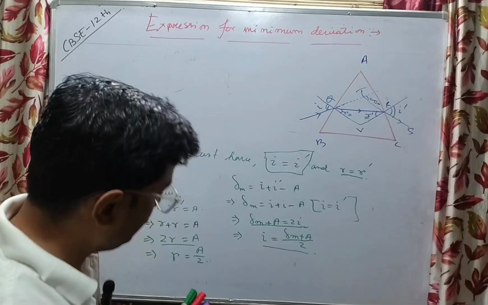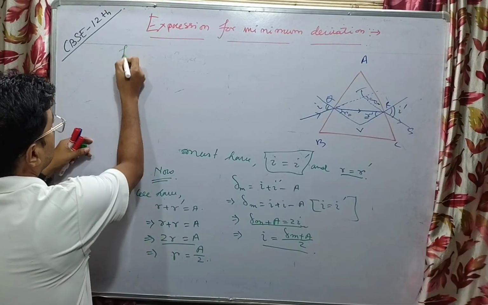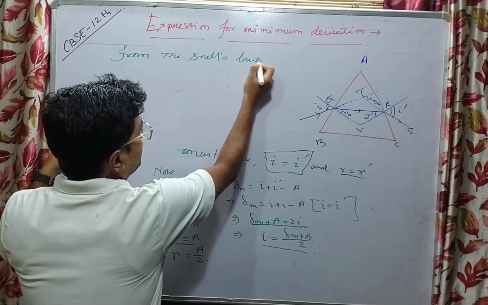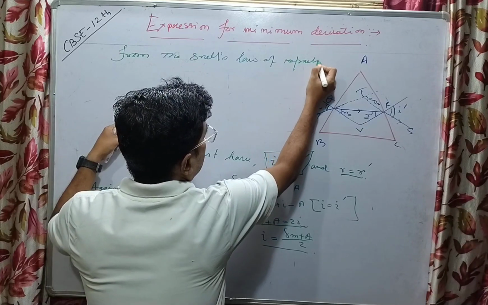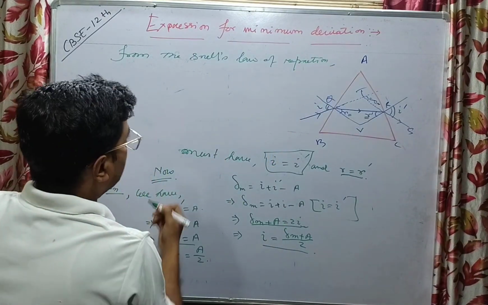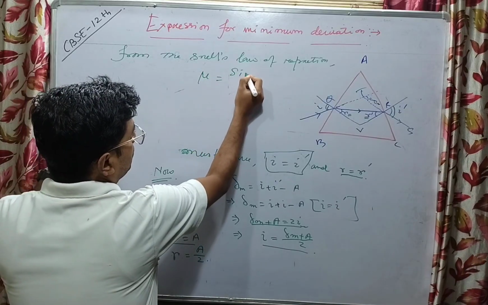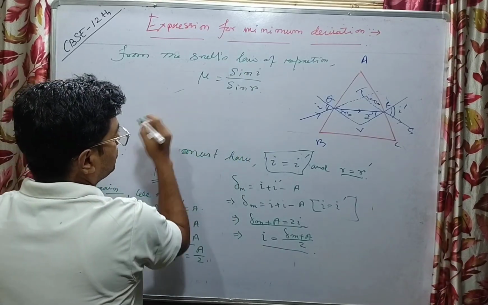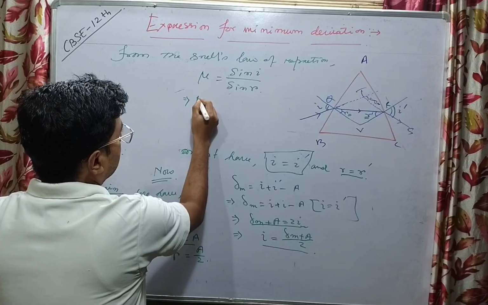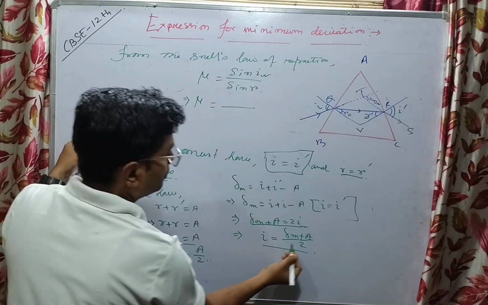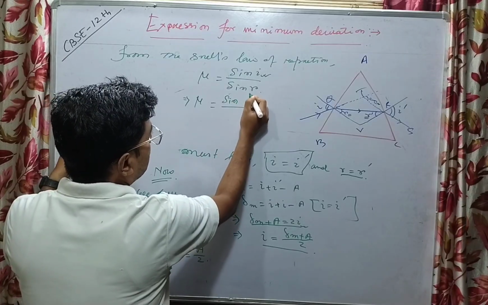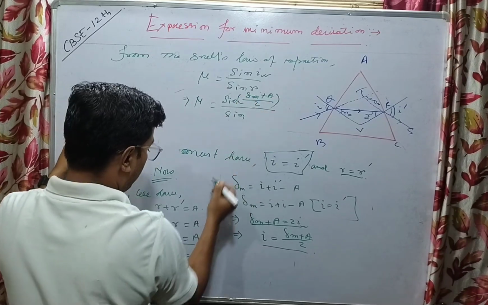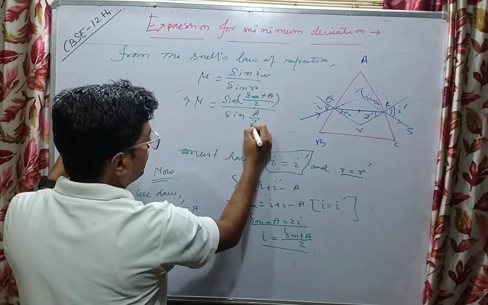From Snell's law of refraction, mu is equal to sin I by sin R. From here, mu is equal to sin of (delta m plus A) by 2, divided by sin of A by 2.